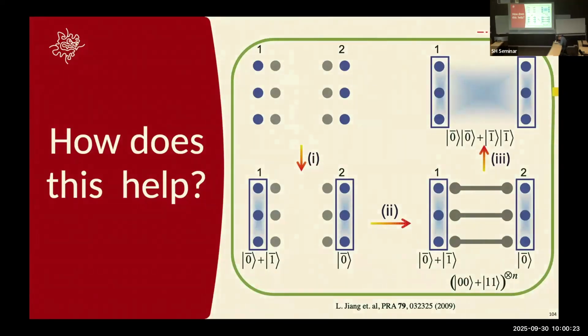Given I had these 3 Bell pairs, what's my gate operation? Basically, all I need to do is entangle and then measure the grey qubit in an appropriate basis.